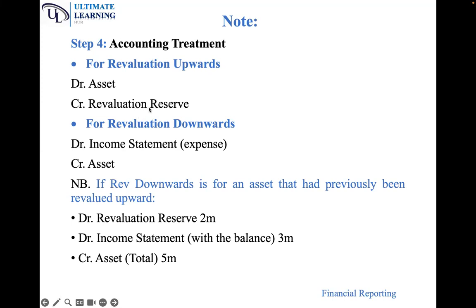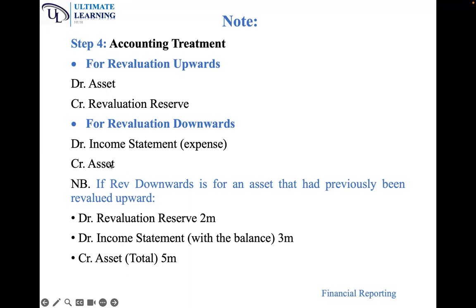Remember, revaluation reserve is equity. There will be an increase in equity. When equity increases, you credit. There will also be an increase in asset. When asset increases, you debit. So you debit asset and you credit revaluation reserve. But for revaluation downwards, you debit income statement and you credit asset. For revaluation downwards, you debit income statement as an expense. So the amount of revaluation deficit or downwards is taken to be an expense in the income statement, and you credit asset because the asset is reducing.